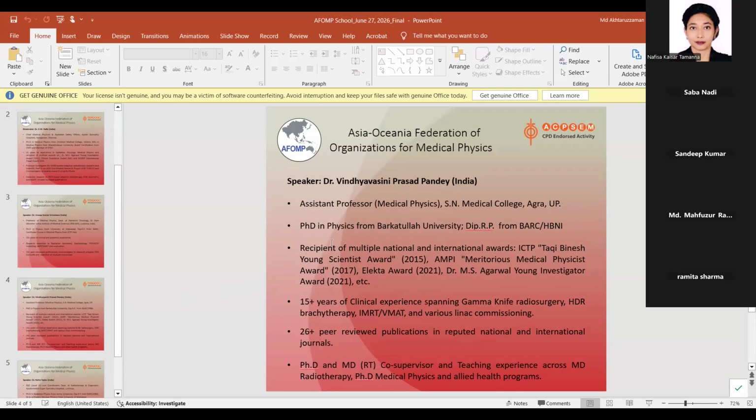He is also a recipient of multiple national and international awards that include the Meritorious Medical Physicist Award and the Dr. M.S. Agarwal Young Investigator Award from AMPI. He has vast clinical experience in gamma knife radiosurgery and HDR brachytherapy, also LINAC commissioning.